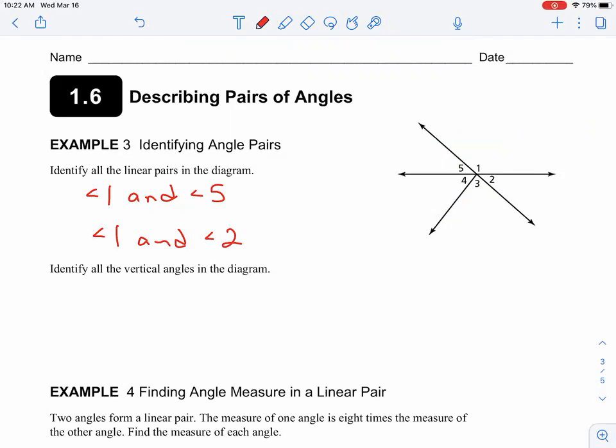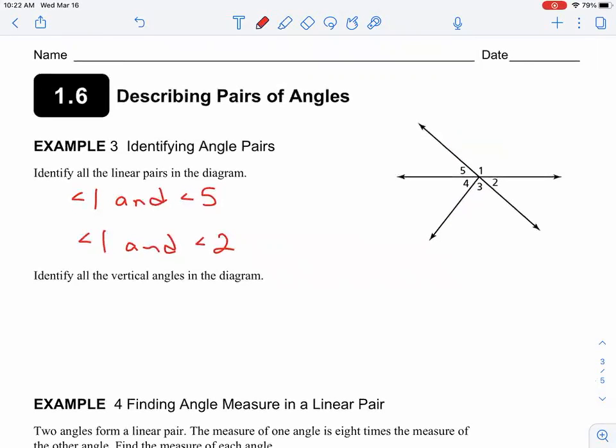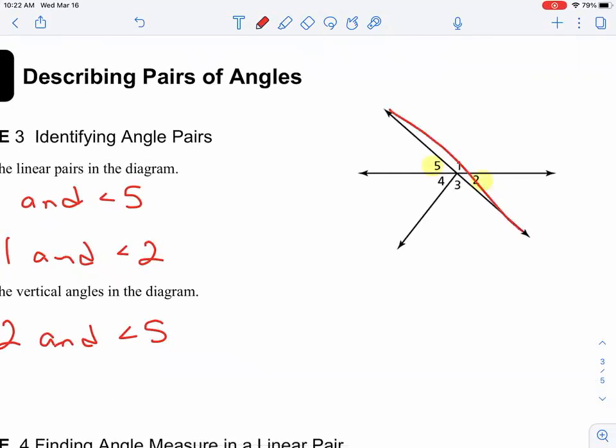Now for vertical angles, vertical means right across from each other. So angle 2 and 5 are vertical angles. And notice they are congruent. They have the same measure. The reason I'm pointing that out is because they have to be made up from the same lines, okay?